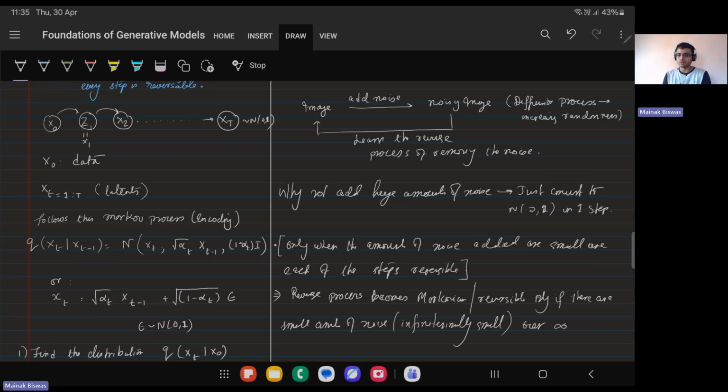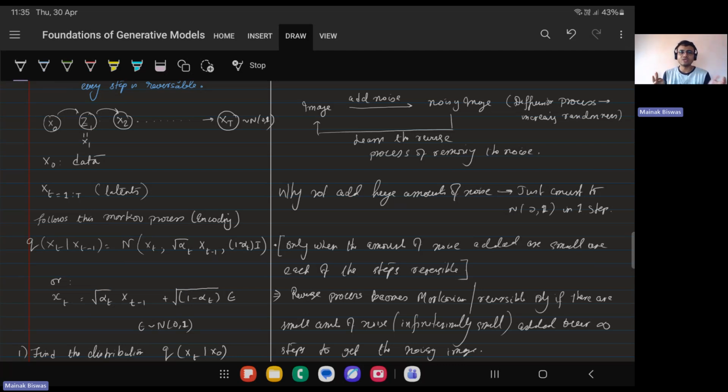If there are only small amounts of noise added to get the noisy image, right? So only then can your reverse process be defined.